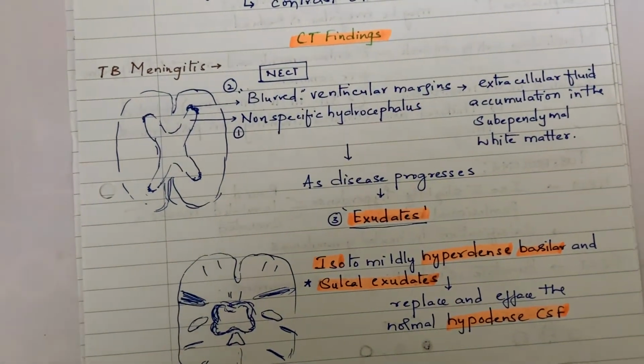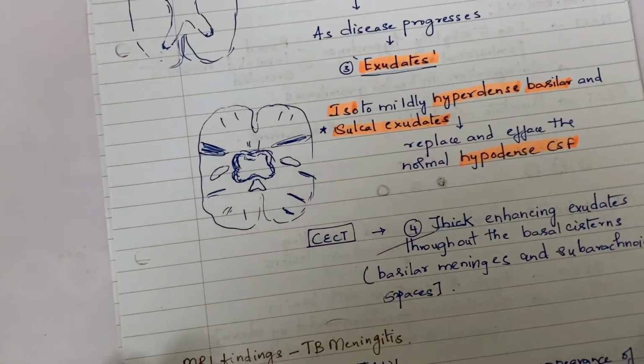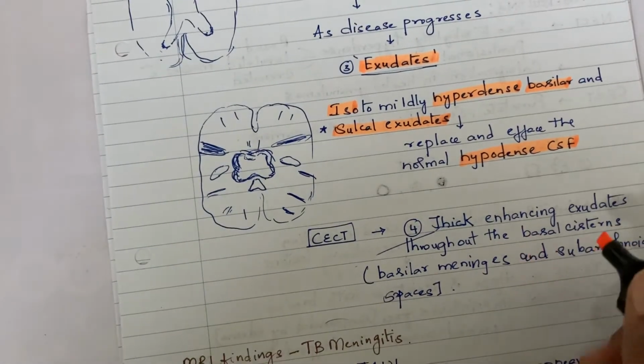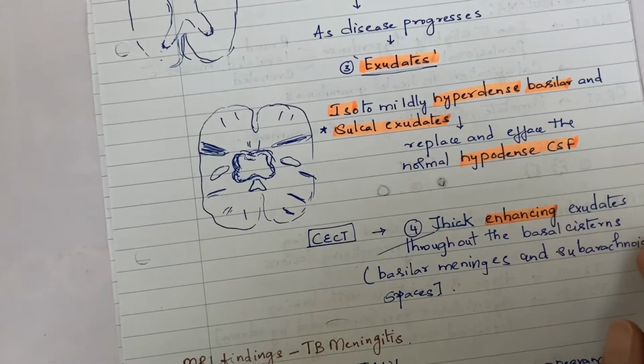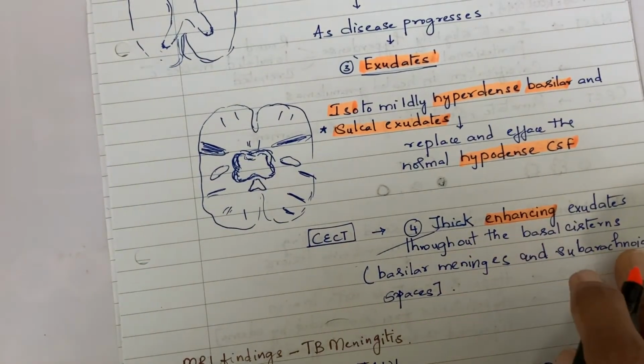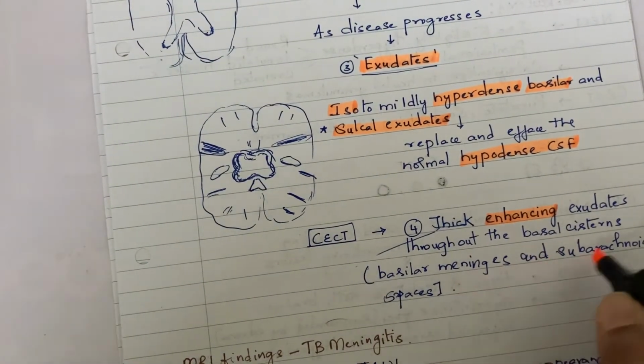Then coming to CECT. These exudates enhance. Thick enhancing exudates throughout the basal cisterns, the basilar meninges and subarachnoid spaces.